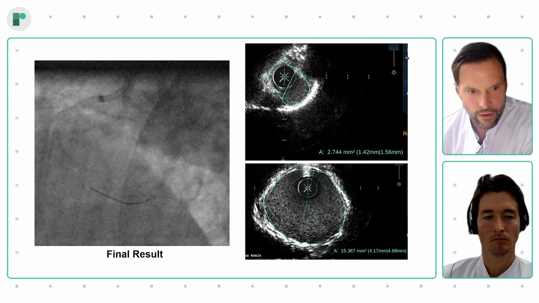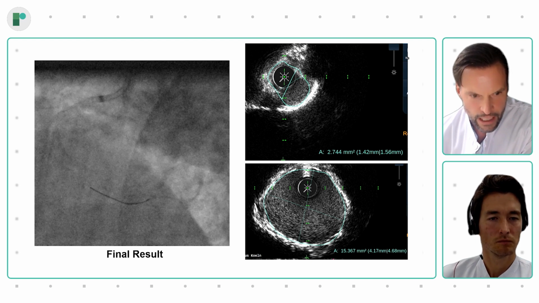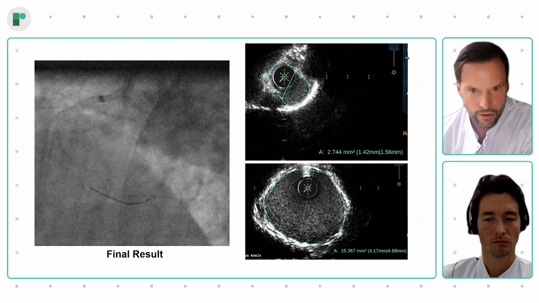And this is, I would say, a nice example why the guidelines say that in a perfect situation, you just need two angulations to see the coronaries, and then you do intravascular imaging, and/or combine it with assessment of the hemodynamics, and then you don't need any angiograms anymore, because the rest of the procedure can be controlled by intravascular imaging.